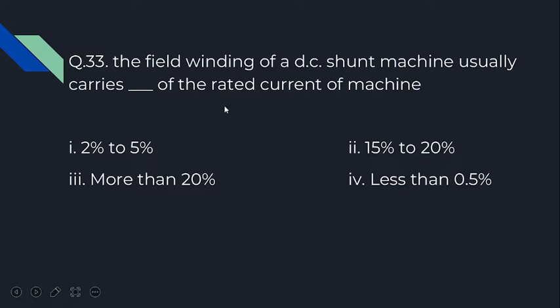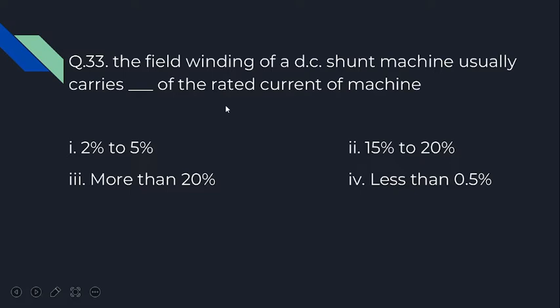And if we reduce the current through the DC shunt field winding, then the flux will also be reduced. And if I reduce this flux, the speed will increase, because we know that N is proportional to Eb by phi.